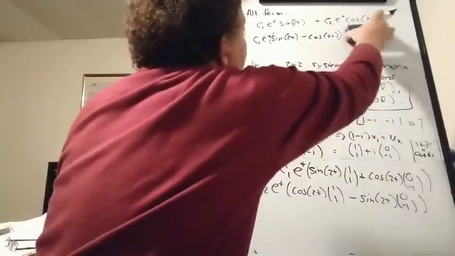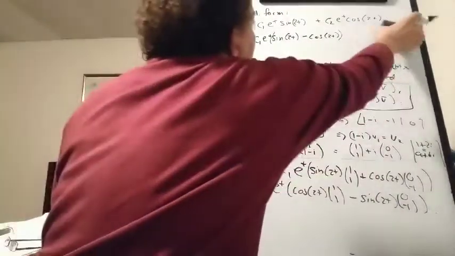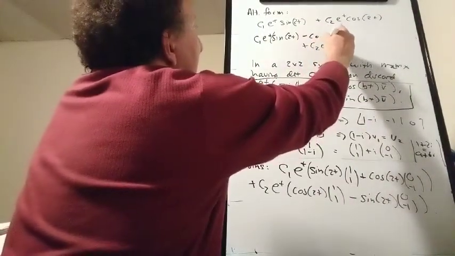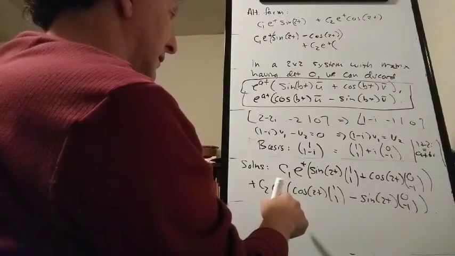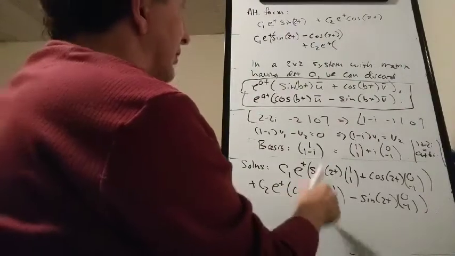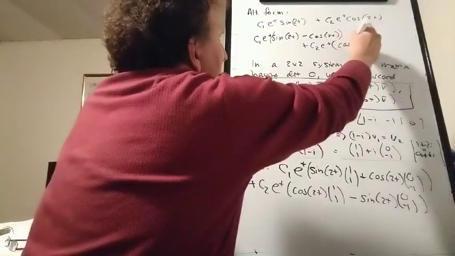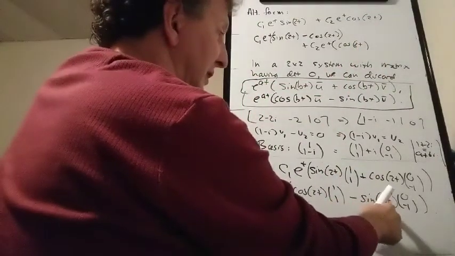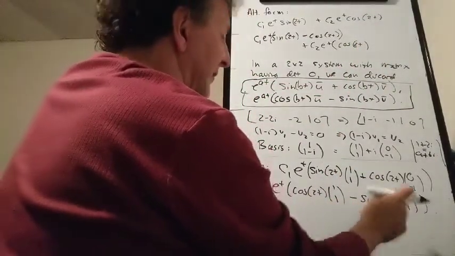And then also on the bottom we've got c2 e to the t cosine 2t. Let me write this on the next line. This is all supposed to be part of the bottom component, plus c2 e to the t, cosine 2t minus sine 2t times negative 1. So I can make that a plus sine 2t.